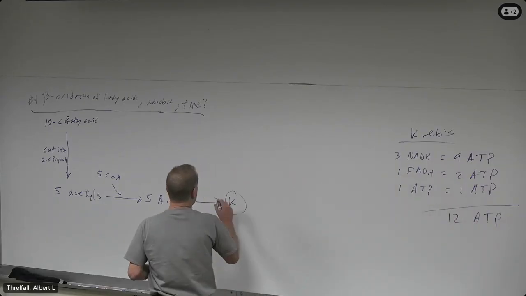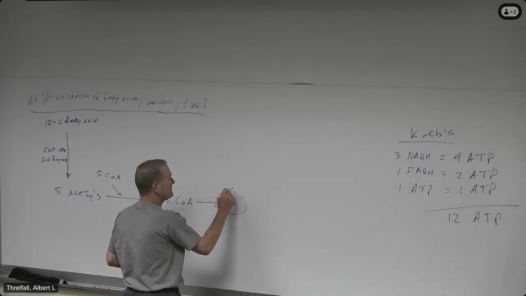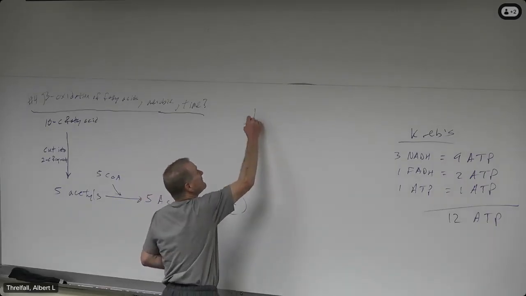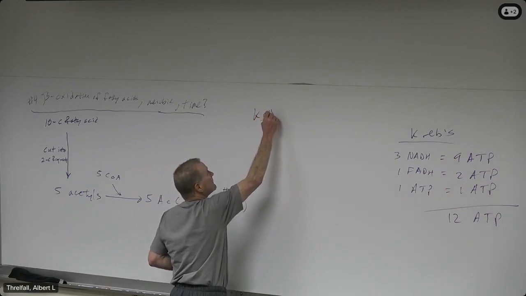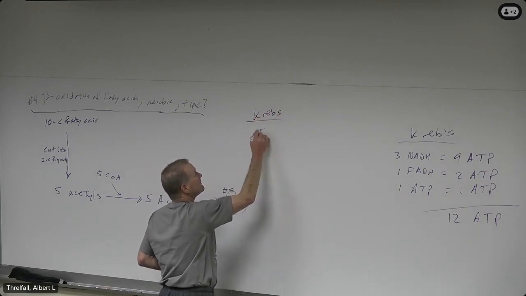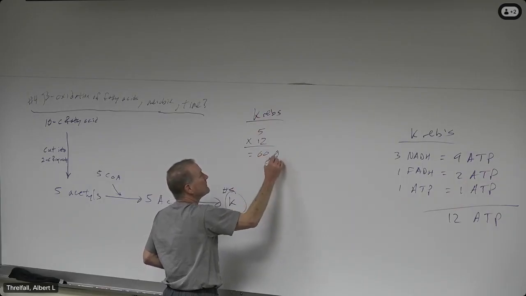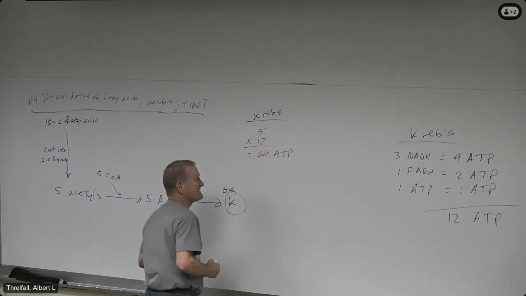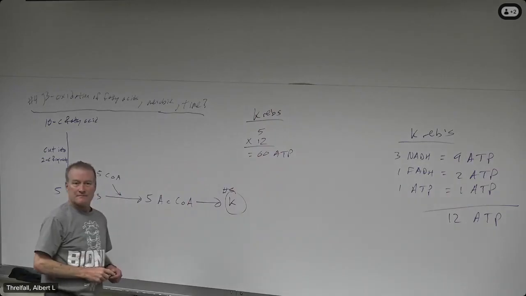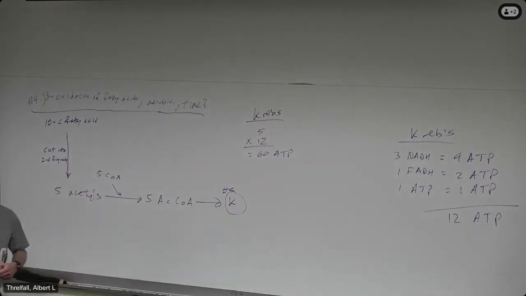So we have 5 Krebs cycles. We get 60 ATP right there. We're already approaching twice a molecule of glucose, and this is a fictitious fatty acid.